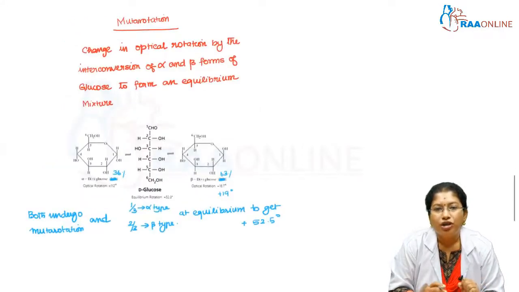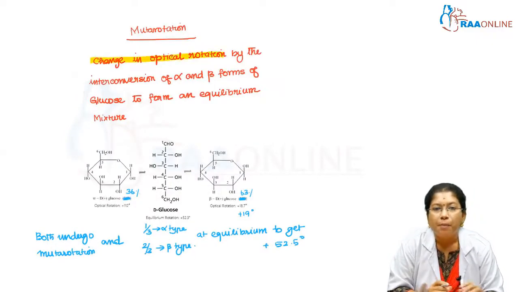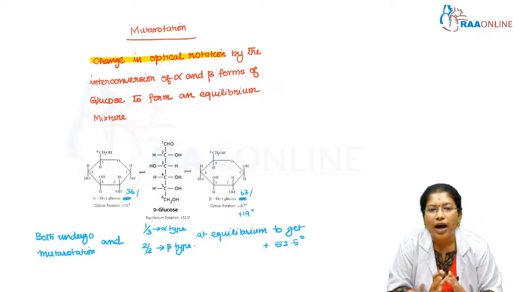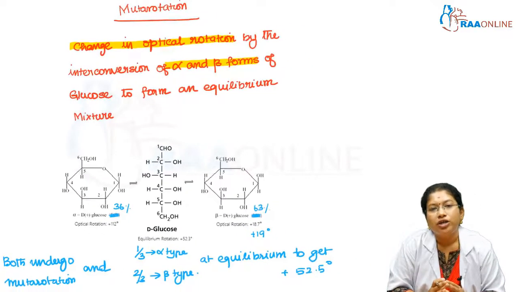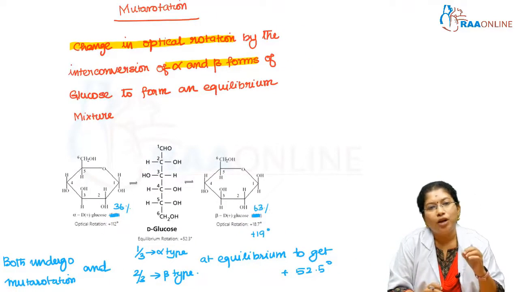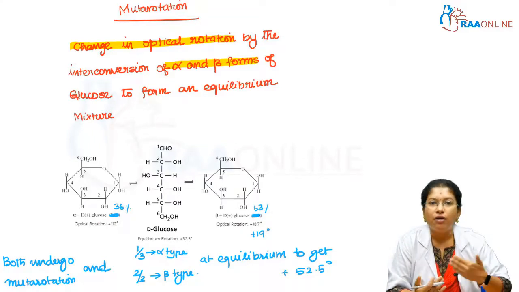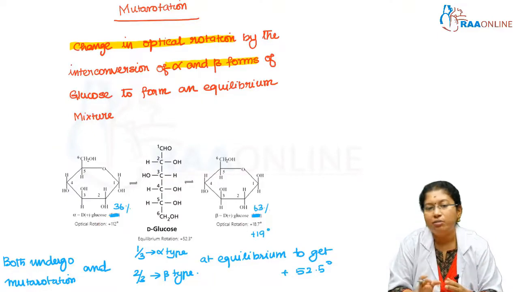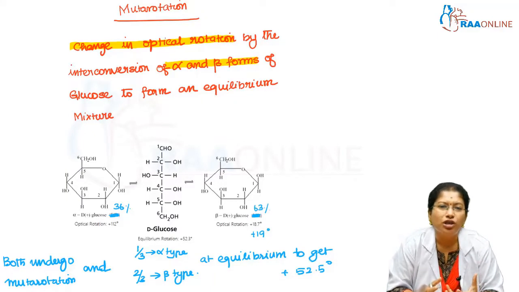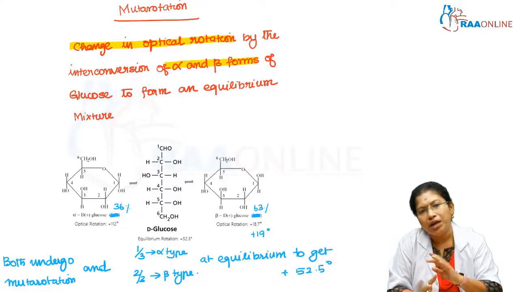Mutarotation is the change in the optical rotation by the interconversion between the alpha and beta forms of glucose. Glucose exists in alpha form as well as in beta form. So when a solution is prepared, it may exist either in alpha form or in beta form.